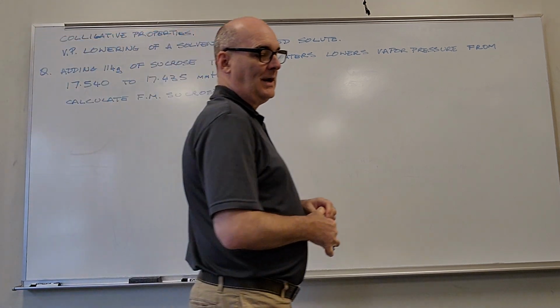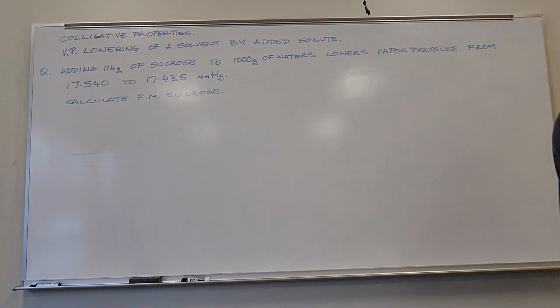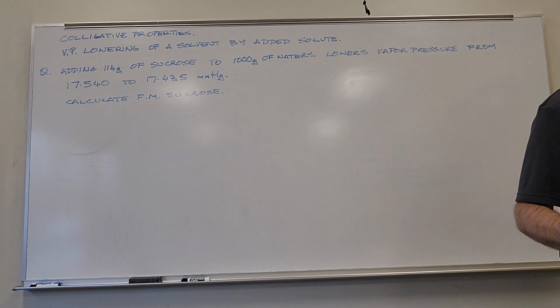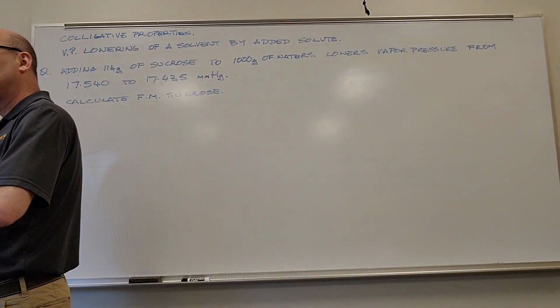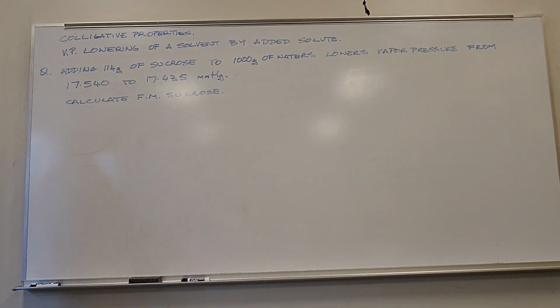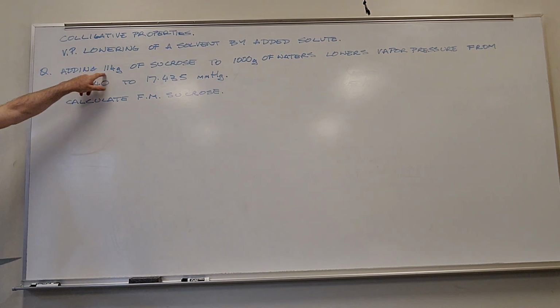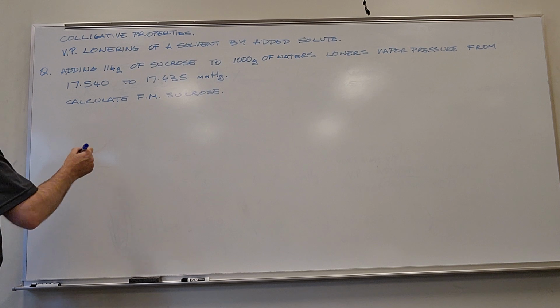And if we can figure out vapor pressure lowering, then we can find the number of moles. And if we find a number of moles, we can backtrack, because there's a mass, to find the formula mass. See what we can do.